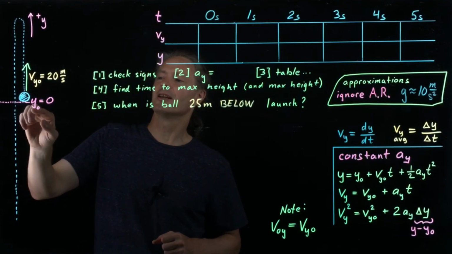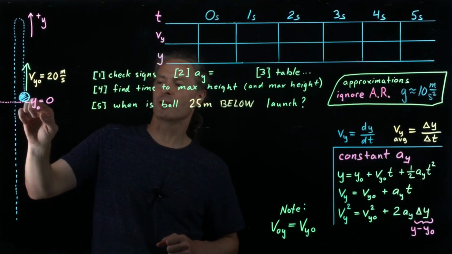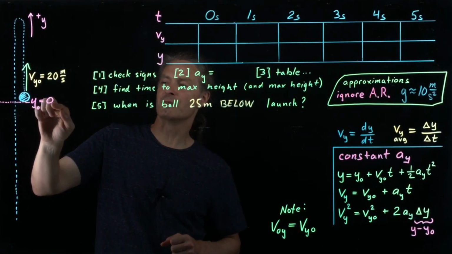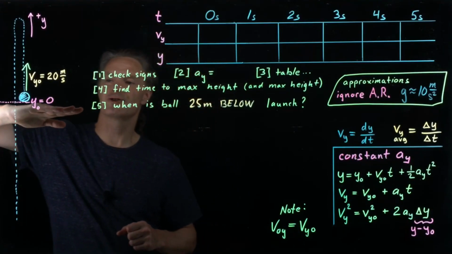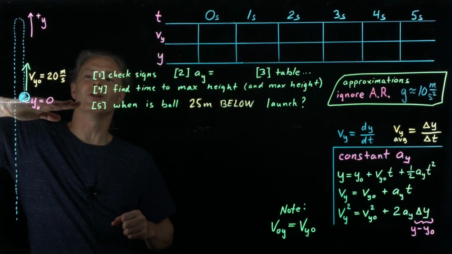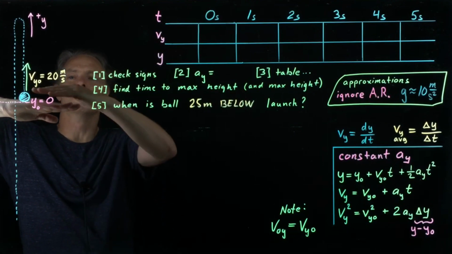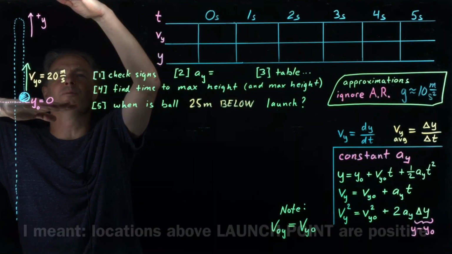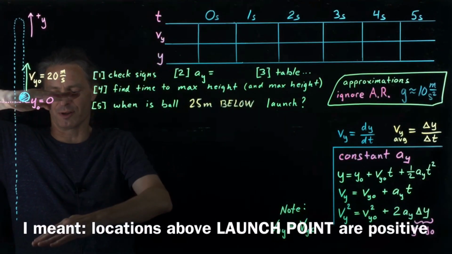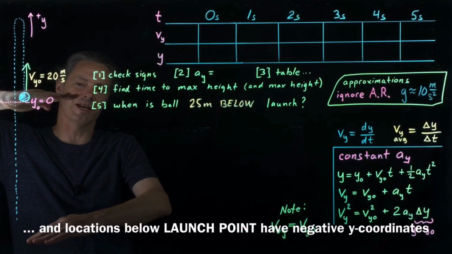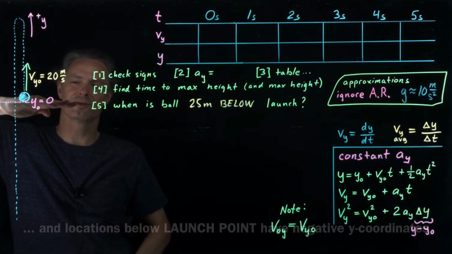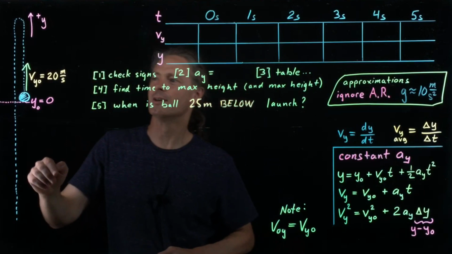Here I'm indicating that the position at time 0, the y coordinate at time 0, I'm setting that equal to 0. So I'm measuring everything from the launch point of the ball. So locations above the ball will be positive locations. Locations below the ball will have negative y coordinates, negative locations. All right.